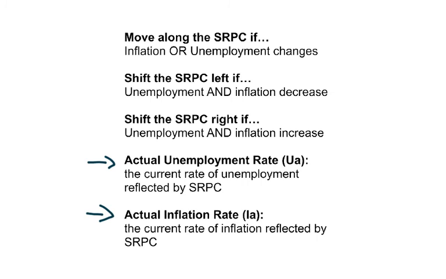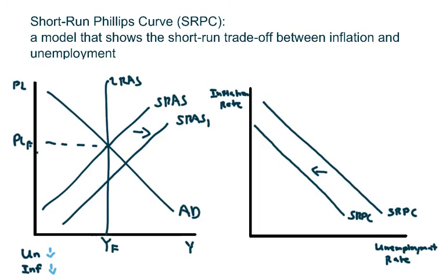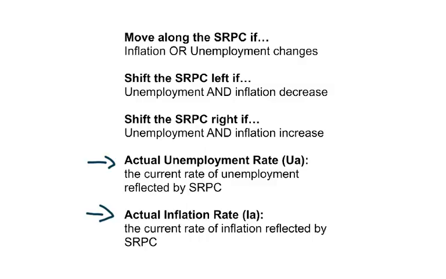When I talk about the unemployment rate and the inflation rate on the SRPC graph, if I pick a point and say we're at 2% unemployment, 3% inflation, those are the actual unemployment and inflation rates where we currently are. Remember that, because when we go to the long run Phillips curve, we're going to have different names for those two percentages. These are the actual unemployment rate and the actual inflation rate.